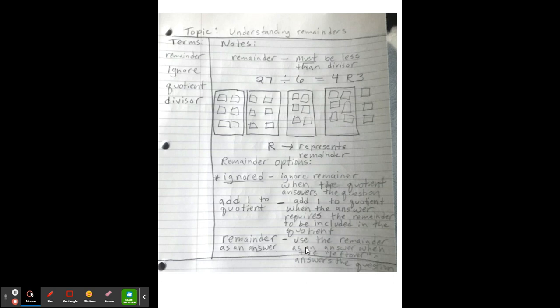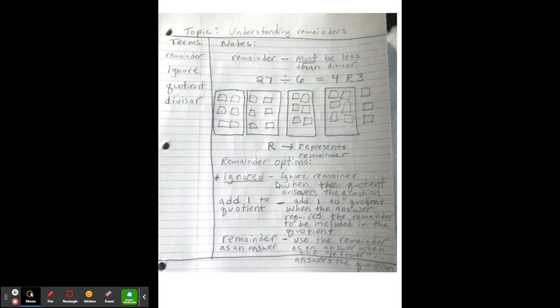Use the remainder as an answer when the leftover is the answer to the question. So in this case, they're asking, how many are on the fifth page? Or if they said, how many are left over? You would know that the only thing you're going to focus on for your answer is the remainder.